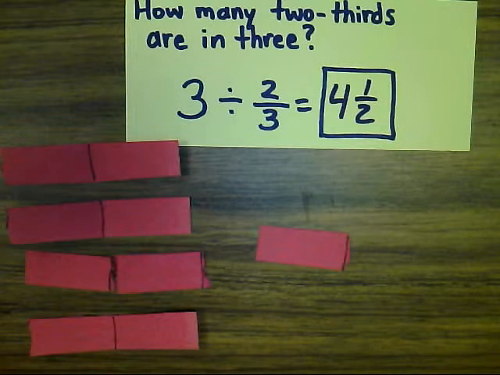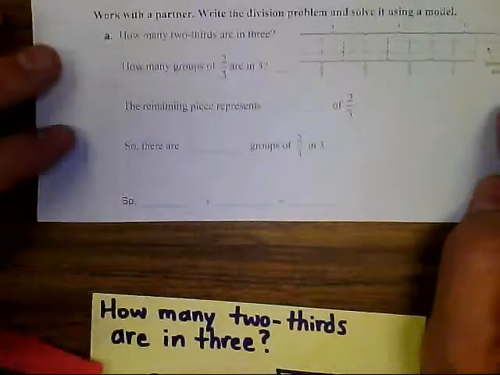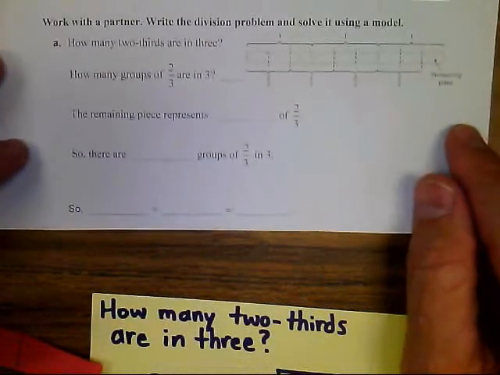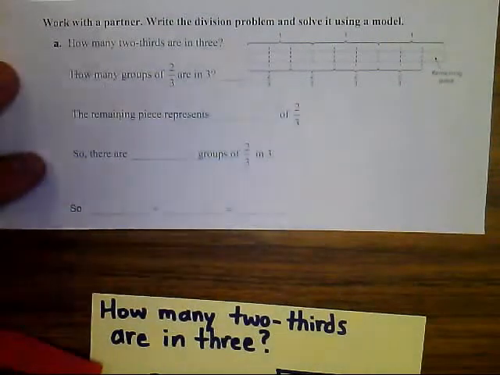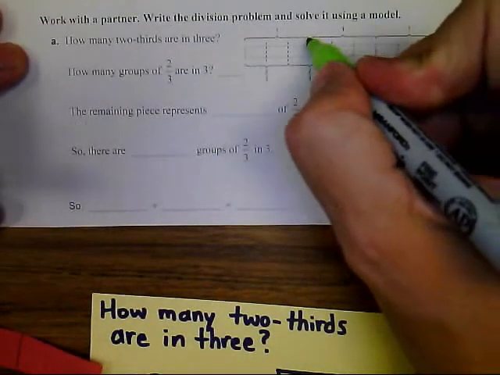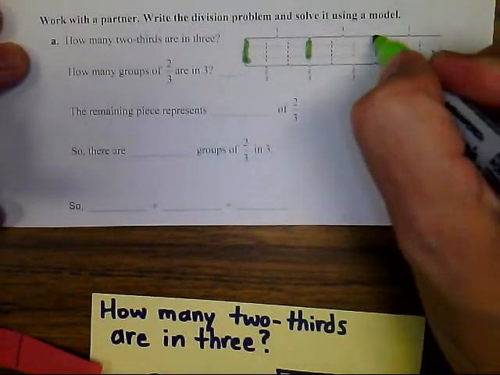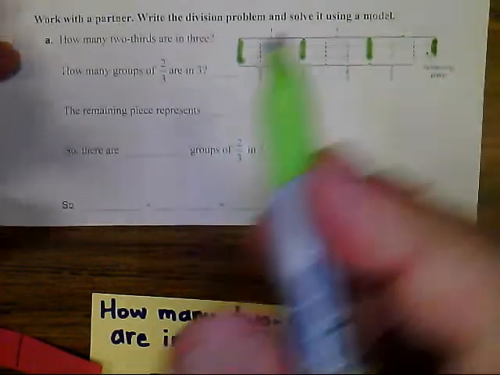Using these models is going to help us understand this process. There's a picture on your worksheet that's going to allow you to visualize that. It says right here, how many 2/3 are in 3? You can see the numbers up here show us the 3 separate pieces, all broken into thirds.